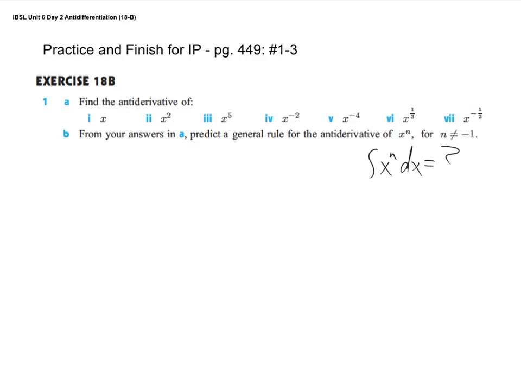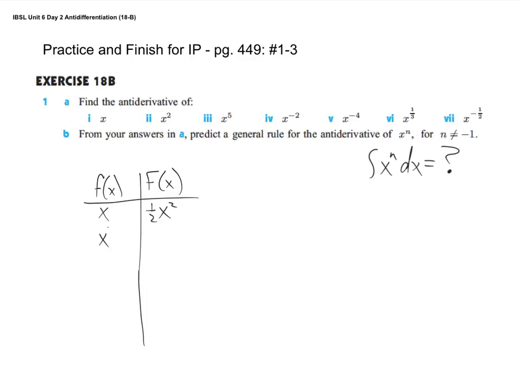It's a lot harder than I thought it was. Alright, let's go through this. A lot of you have this. The antiderivative of x is 1/2 x squared.